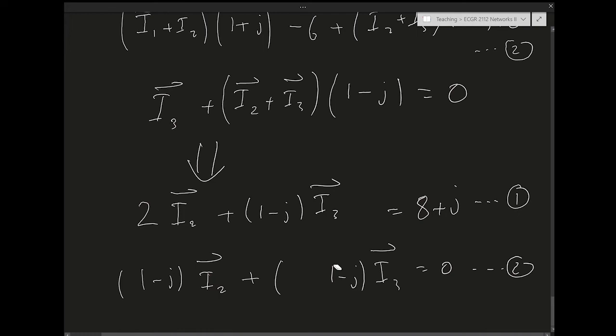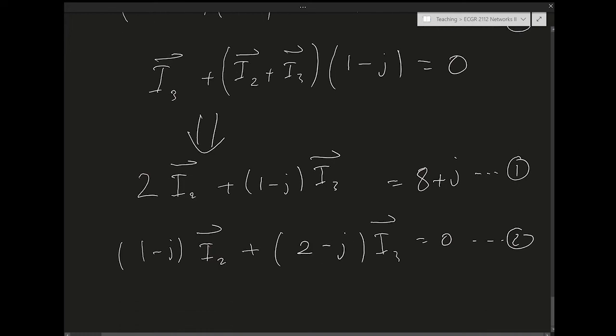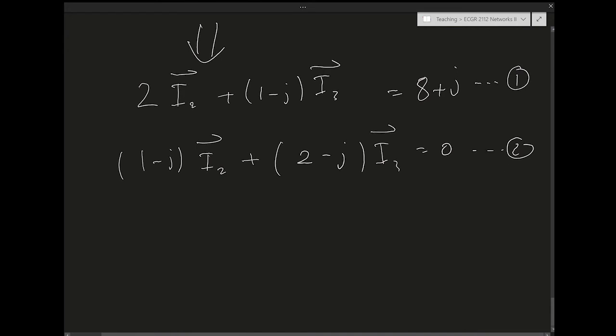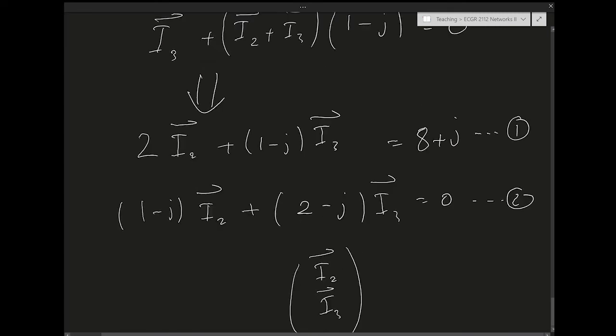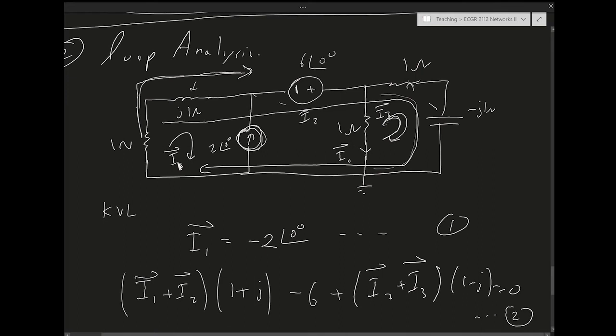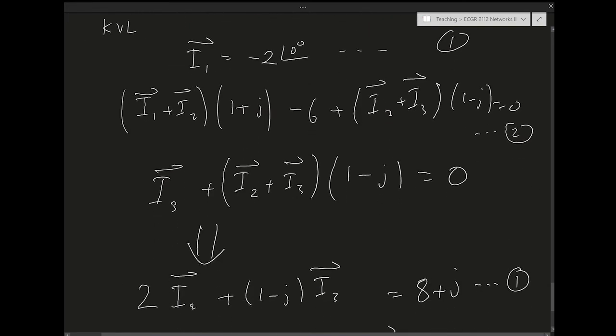I can simplify it to 2 minus J. Okay, so 2 equations, 2 unknowns, and I just need now to write it in matrix form. So it's going to be I2, I3. I'm solving for what? I0. I0 is just I3. Once I know I3, the negative of I3 is going to be I0.